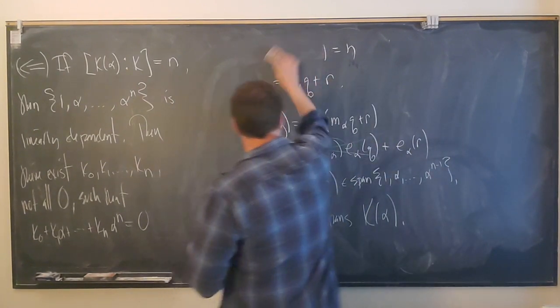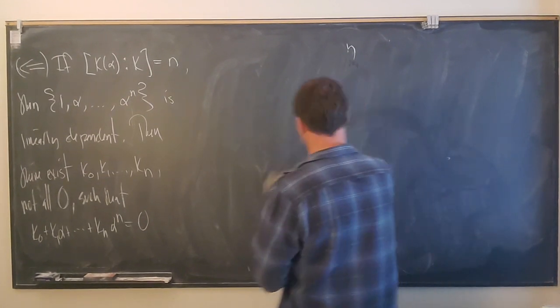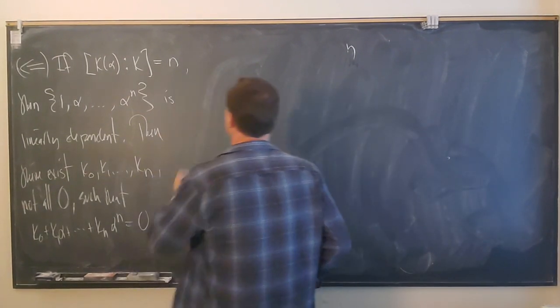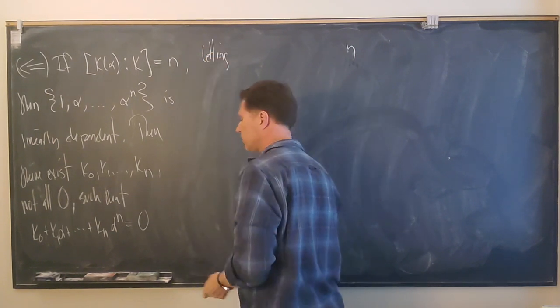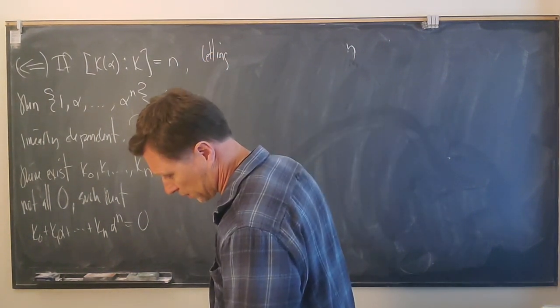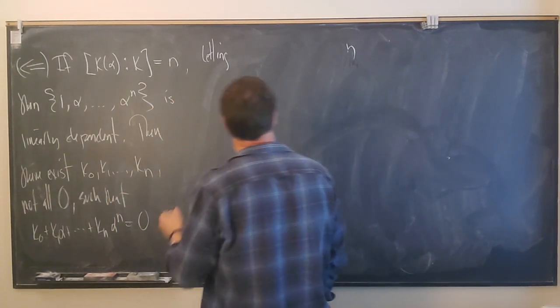And then we're basically done. This is our polynomial. Let me just finish it off.